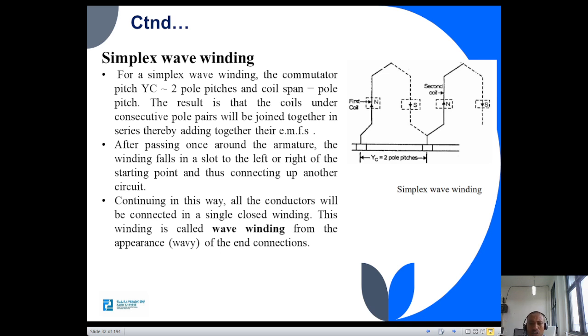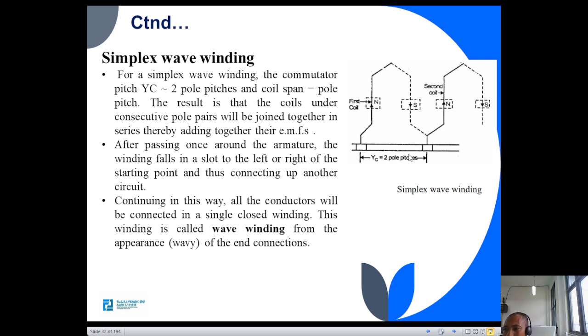And when we come to the wave winding, this is a simplex type of wave winding. See how it is connected. Why is it called wave by itself? It's the shape of the winding formed on the armature. It looks like a wavy type.